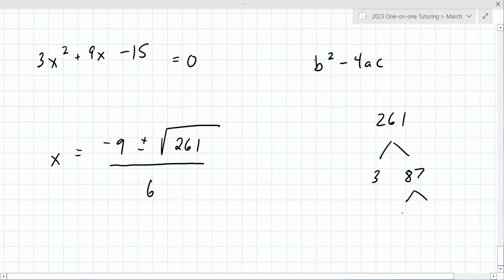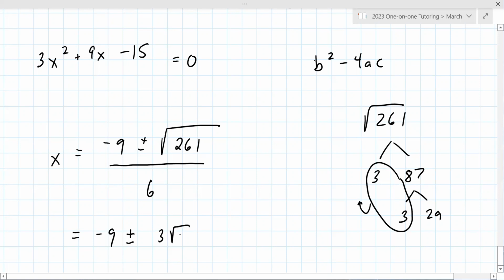Okay, now is 87 divisible by 3? Yeah, 29. Yes, 29. 29 is prime. So what does the square root of 261 become? 3 square root of 29.